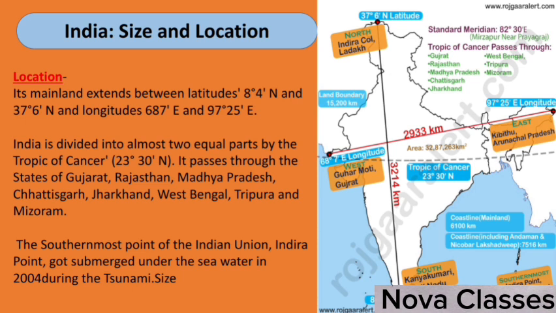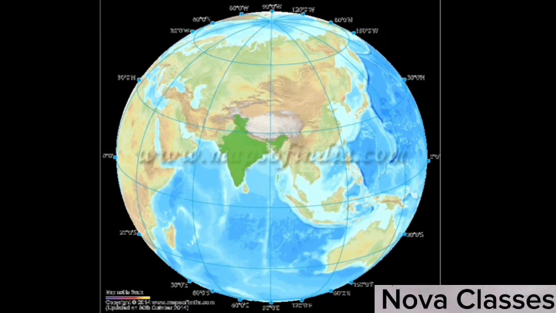Once again we are going to repeat. The latitudinal extent of India is 8 degree 4 minute north to 37 degree 6 minute north. Now the longitudinal extent: once more I am showing you. Longitude starts from here to here.